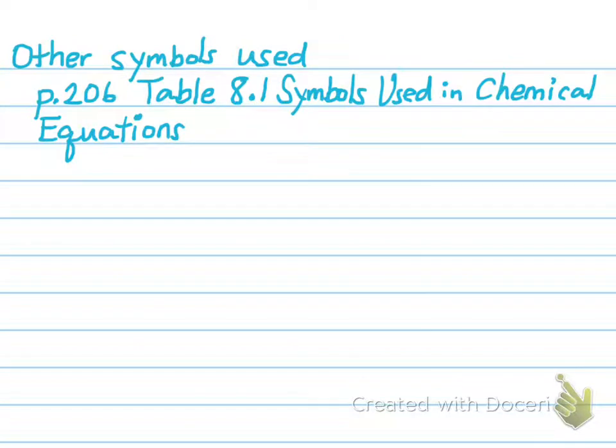All right, there are also some other symbols that are used in chemical equations. On page 206, table 8.1, you have symbols used in chemical equations, and I have a chart in your outline already for you. Here is that chart.